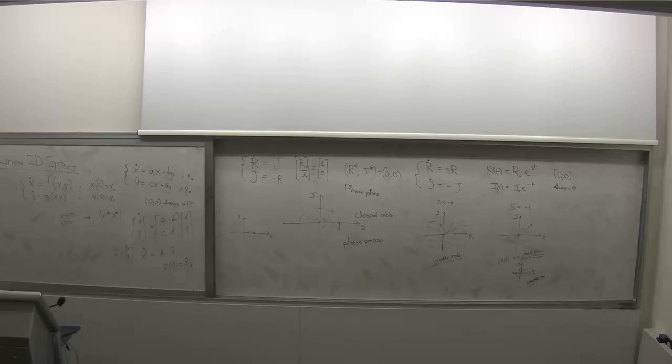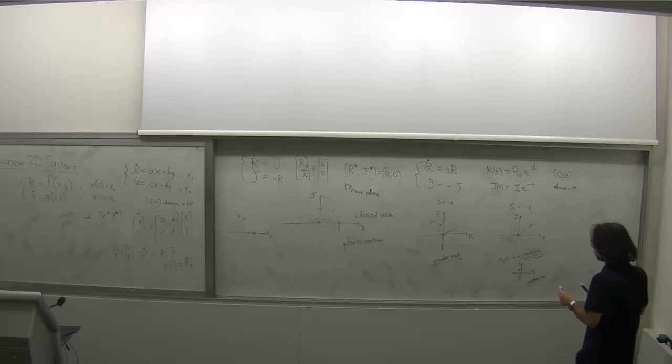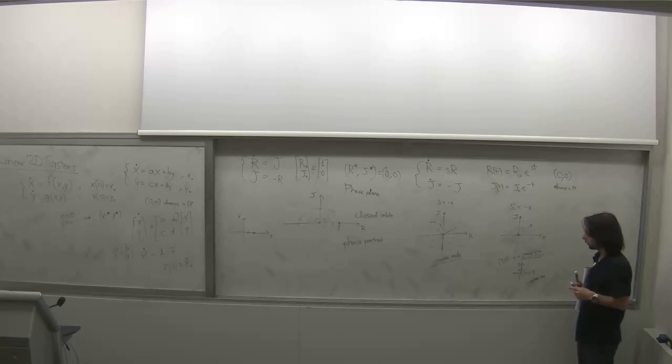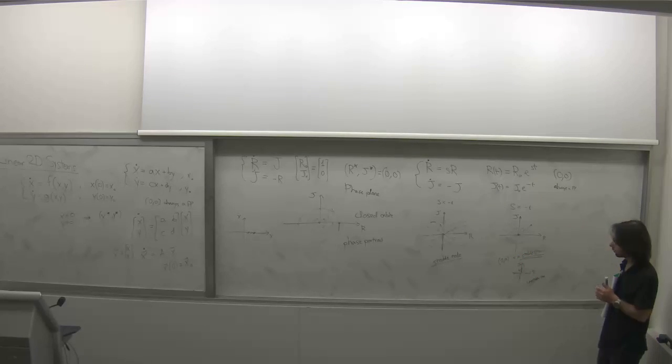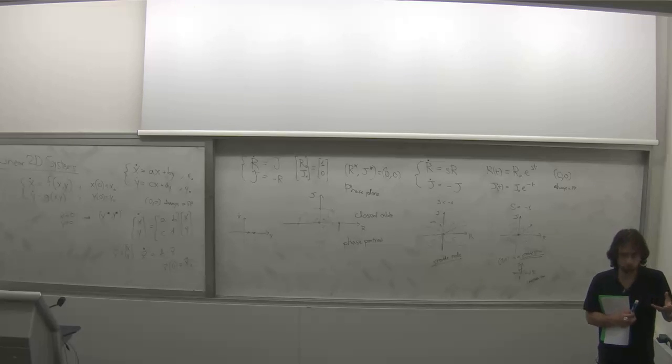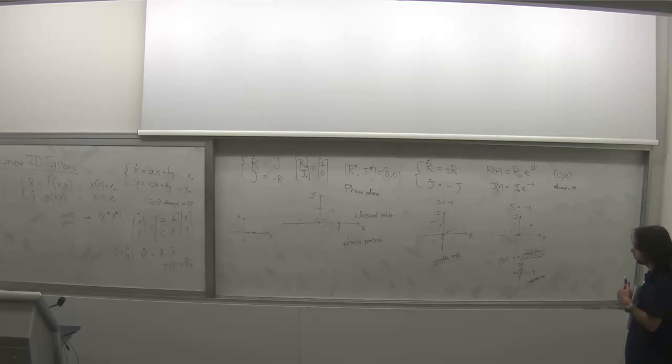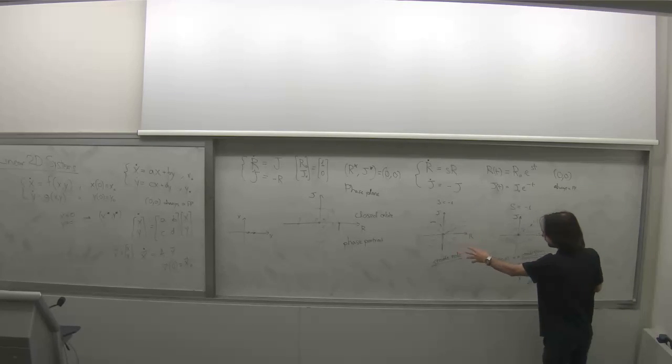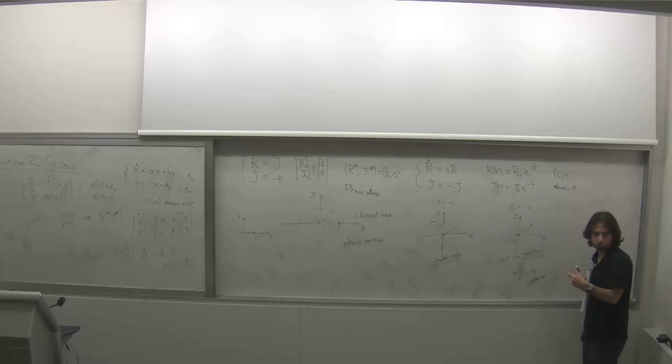But in this course, when I say node, I will usually mean a node that is not a star and not any other special type of the types that we will see later. Okay? So node is the general term for an attracting or a repelling fixed point. But here we will use it for a fixed point that does not belong to any special case.